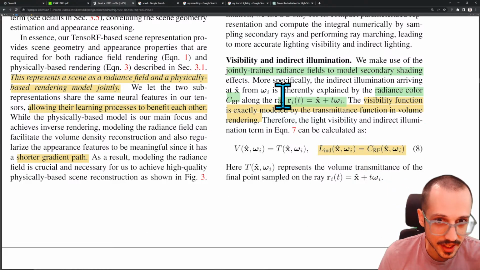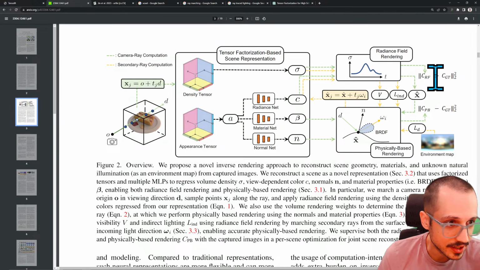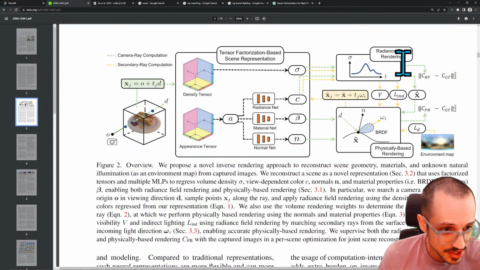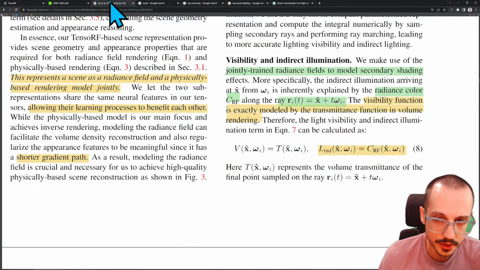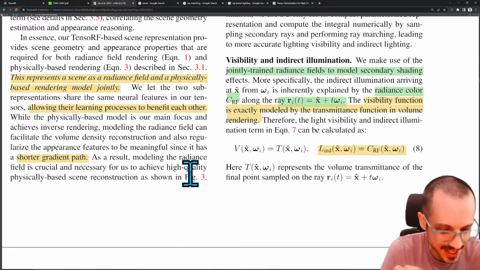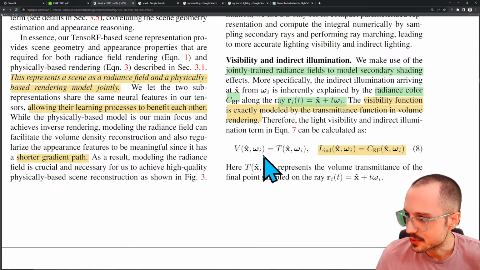This is the magic that they did here, where they realized that the color of the radiance field, CRF, the part that comes out of your radiance field rendering, can be used to calculate the secondary ray computation and get an extra gradient, an extra regularization term there. For such an insightful set.